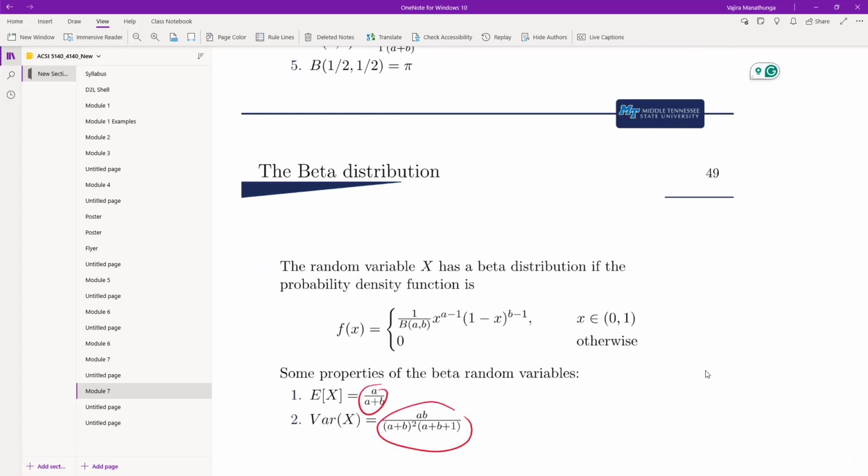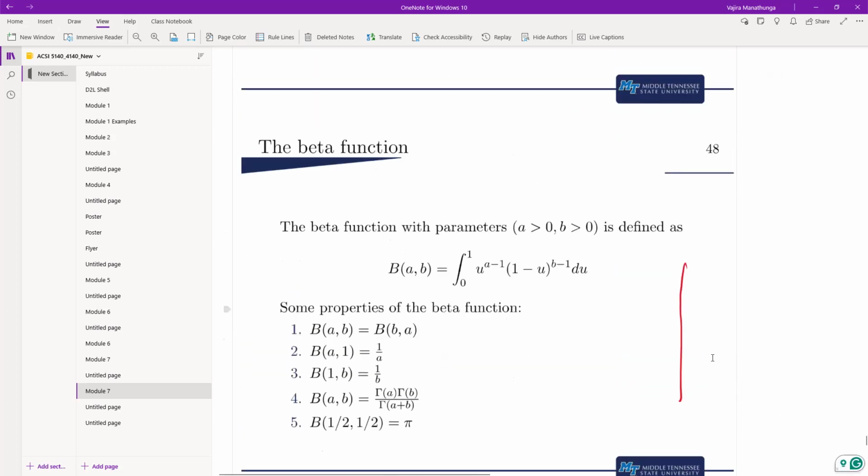If you remember the format, you can just extract A and B and then apply the formula. So that would be the end of this module.